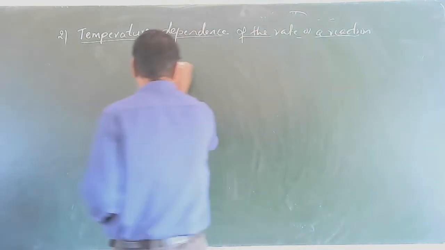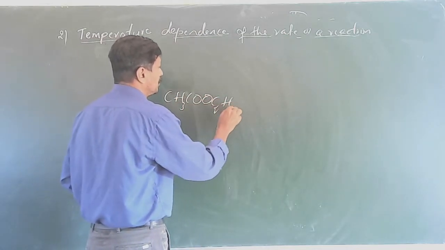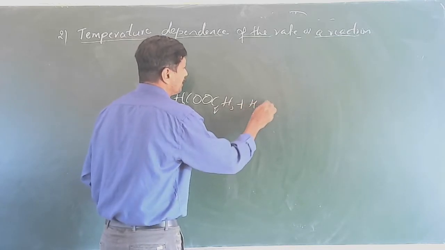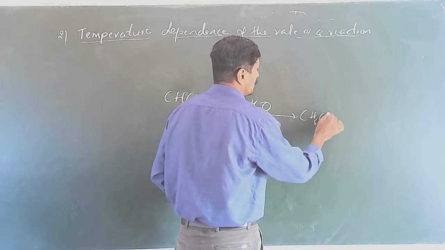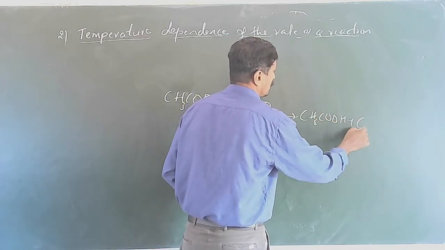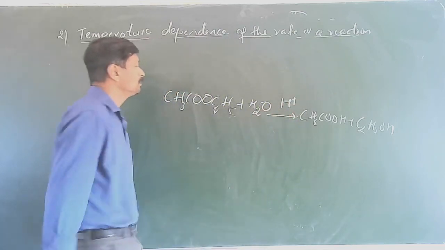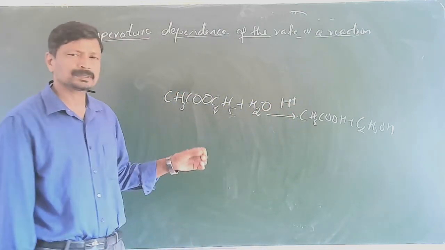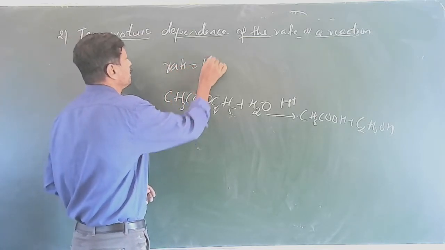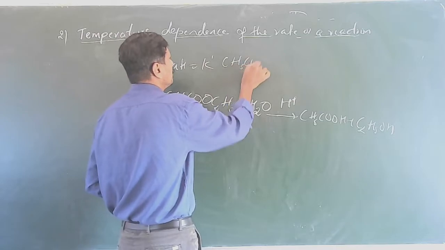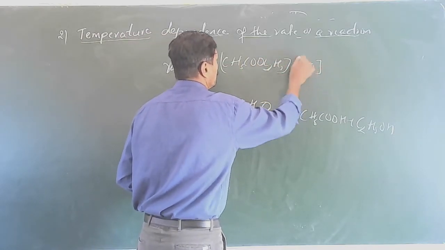Actually, acid hydrolysis of ethyl acetate should be a second order reaction, with rate equal to K into molar concentration of ethyl acetate and water raised to 1.